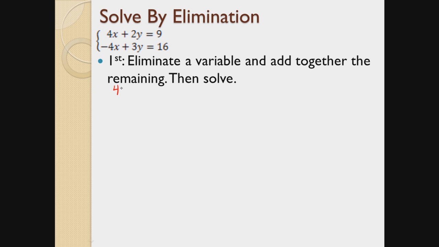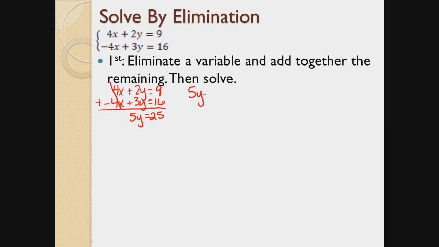So let's take our two equations and add them together. When we do this, 4x plus negative 4x eliminates, 2y plus 3y equals 5y, which equals 9 plus 16, which makes 25.